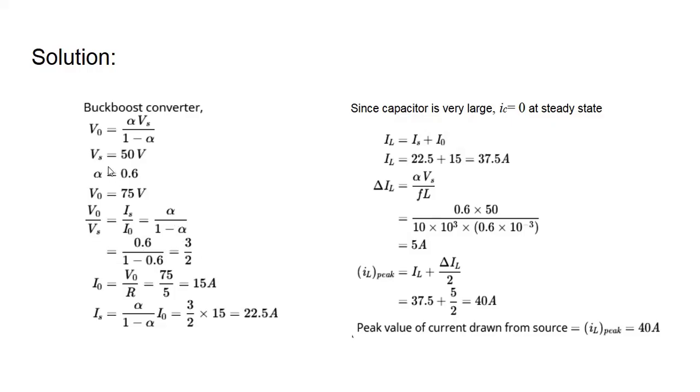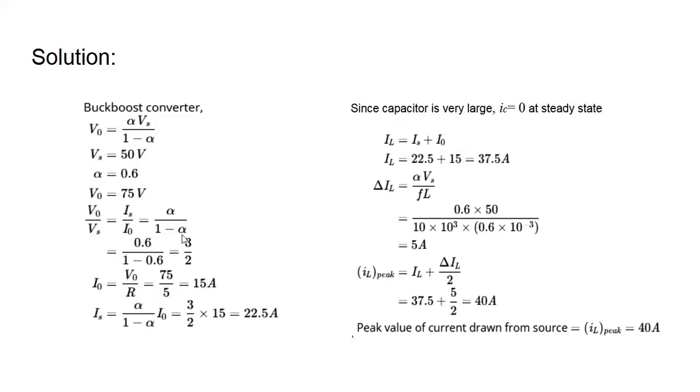Substituting for alpha, we will get 3 by 2. Vs is 50 volts and V0 is 75 volts. We can find I0 as equal to V0 by R, which is 75 by 5, since R is given as 5. So I0 equals 15 ampere.